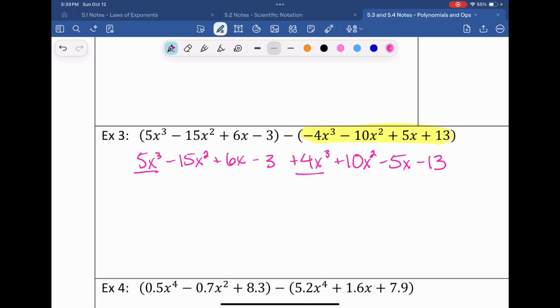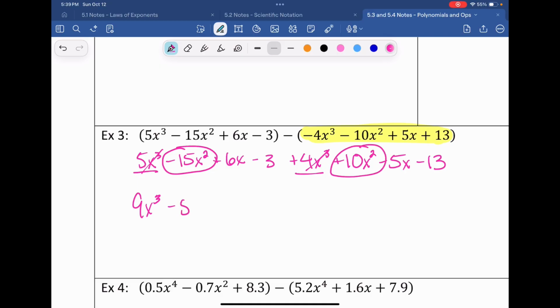So that's 9x cubed. And your negative 15x squared, positive 10x squared. Positive 6x, negative 5x, which is positive x. Negative 3, negative 13, negative 16.